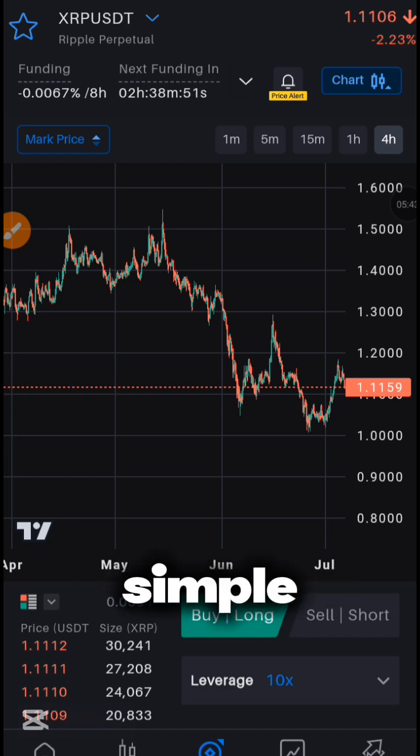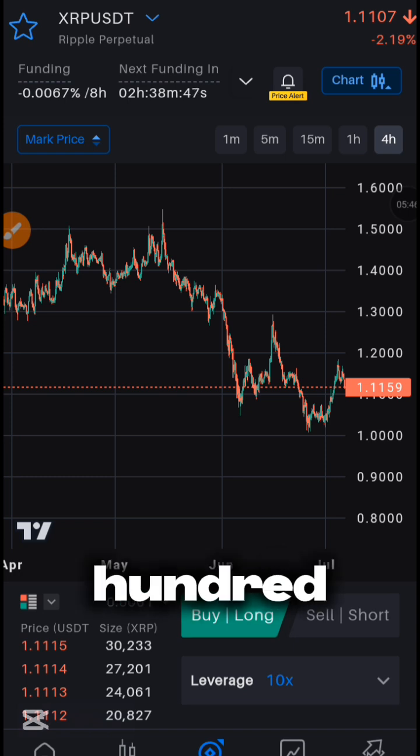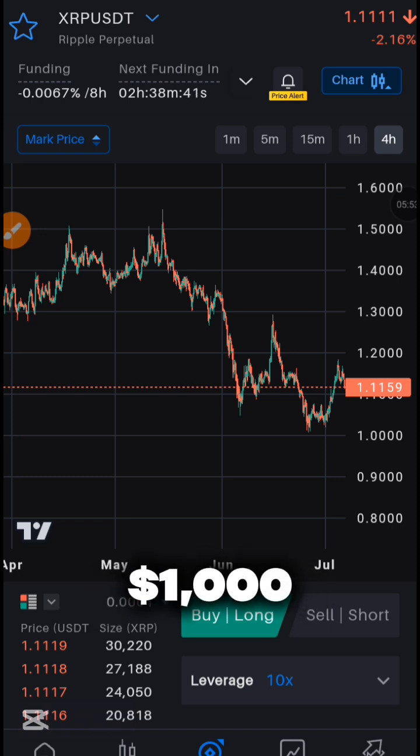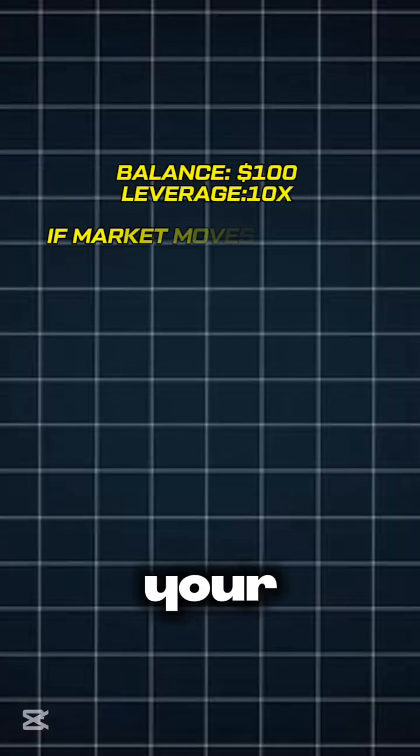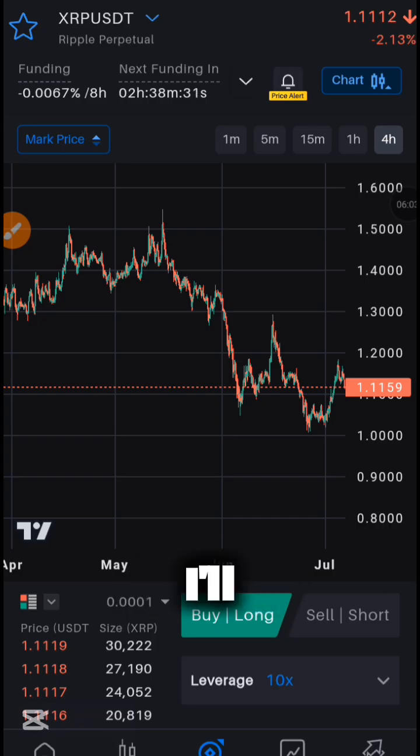Now here is a simple breakdown. Let's say you deposit $100, you use 10x leverage, so you control buying power worth $1,000.